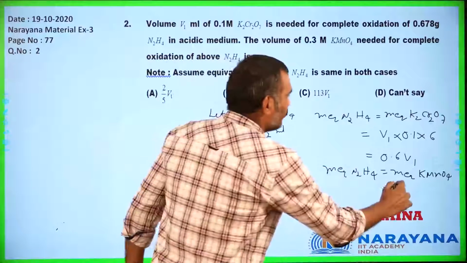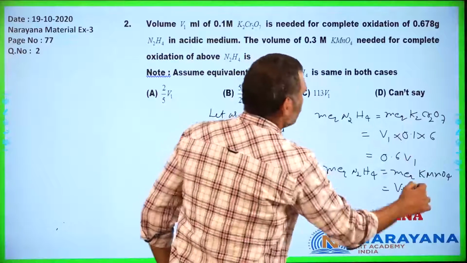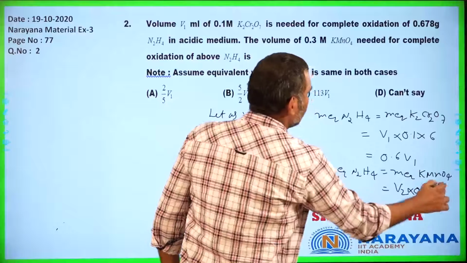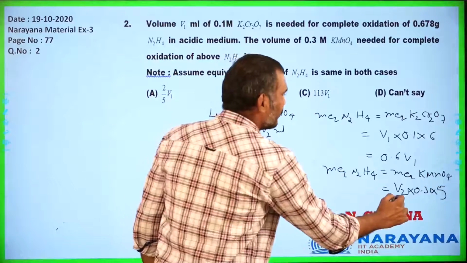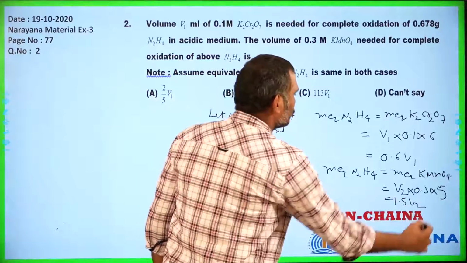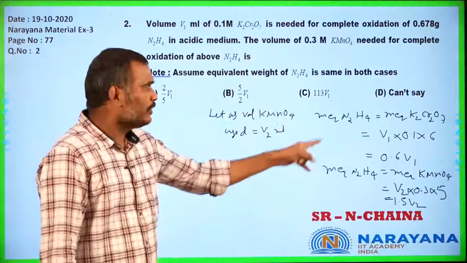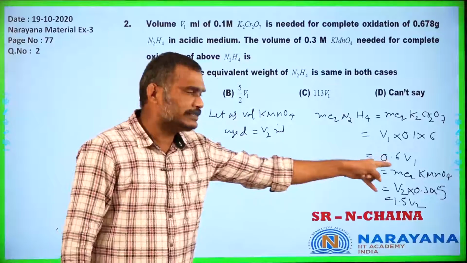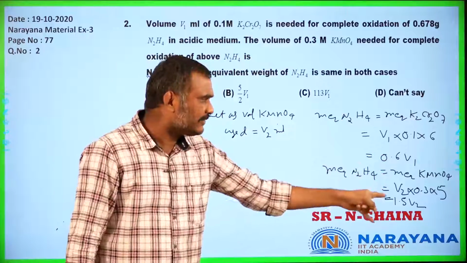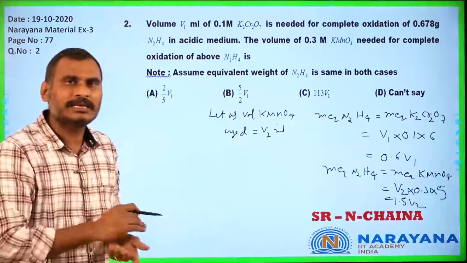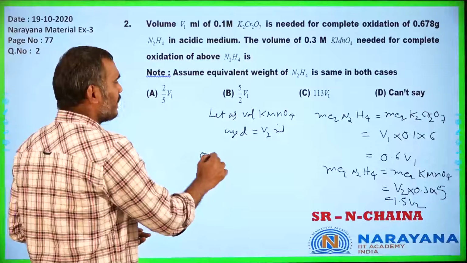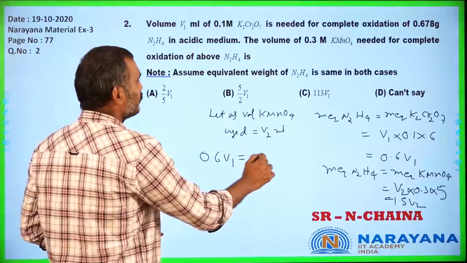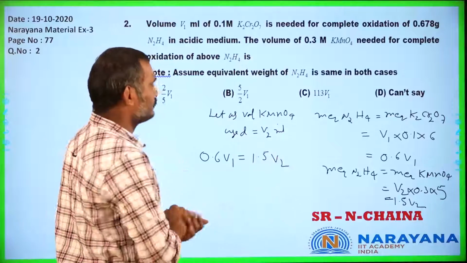Then V2 into 0.3 into the n factor of KMnO4, which I just showed you is 5, 5 times 0.3 is 1.5, so 1.5 V2. So milliequivalents of N2H4 used is 0.6 V1, and in both reactions the milliequivalents of N2H4 are the same, so 0.6 V1 is equal to 1.5 V2.